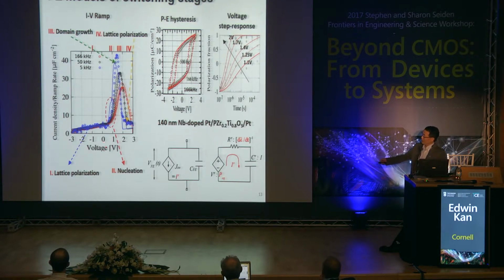Now you can see that the dynamics of ferroelectric switching have 4 distinctive stages. These actually have a lot of circuit implications. The first stage is just the lattice polarization, then it's dominated by nucleation, then domain switching, and then back to lattice polarization again.